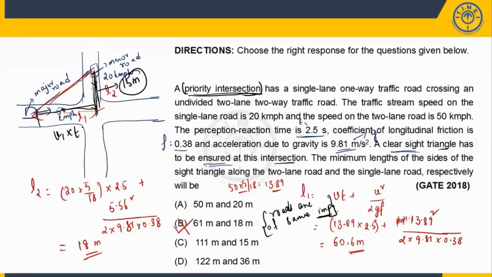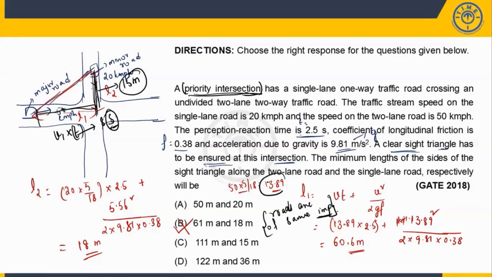Here we assume it as the complete time for braking. This should be considered 8 seconds. It is default for us. How much time will we be considering? 8 seconds.